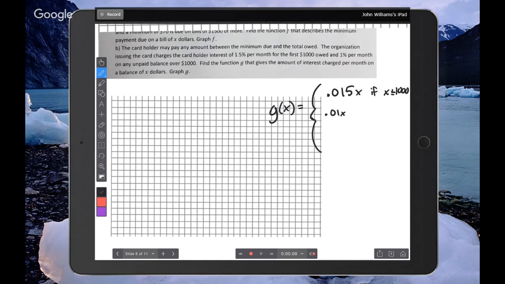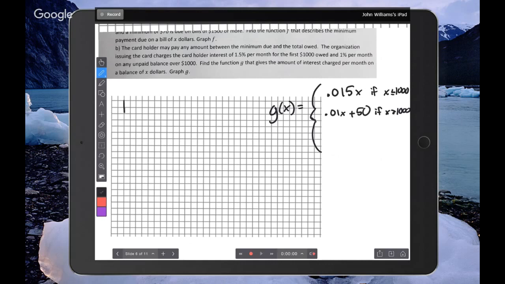So 0.01x, if we plug in 1,000, would give us 10, but you already owe $15, so we got to say plus 5 to get this to be continuous. If x is greater than 1,000, that's all we need to put. If x is greater than 1,000, there we go.